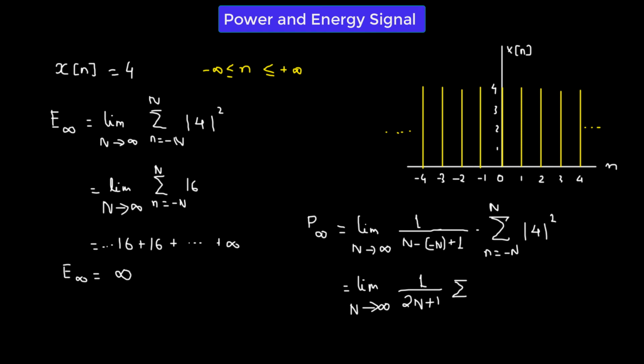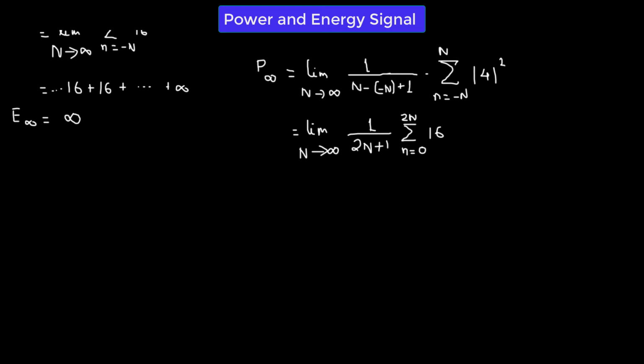Here we see that the index n is symmetric over the y-axis. So instead of running it from negative n to n, we can run it from 0 to twice n, and that would mean the same thing. Then we have 16 here.